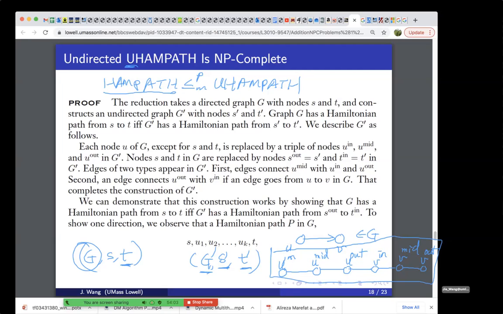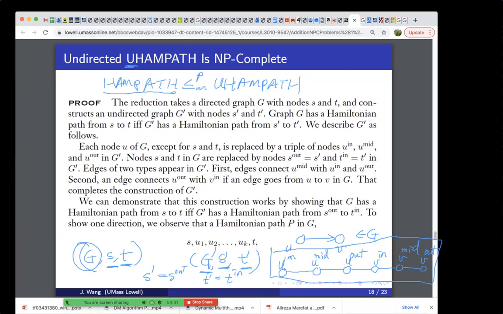And then for S, I'm going to have S prime be S out. So this is always going out. And then T prime will just be T in. And we don't have S mid, we don't have S in, we don't have T mid, we don't have T out. So you have a G, then I construct G prime.